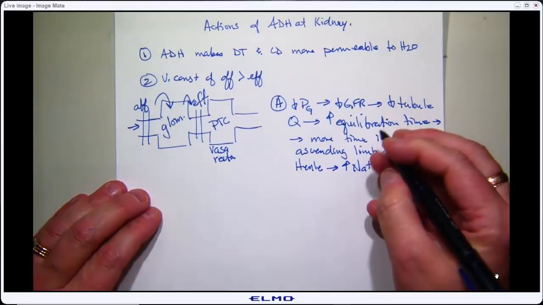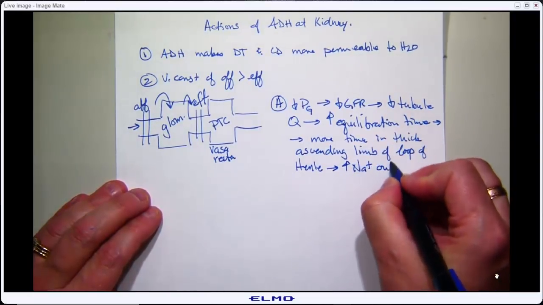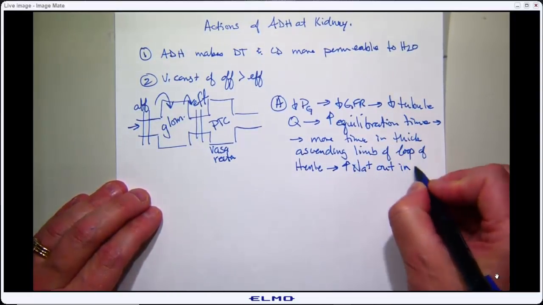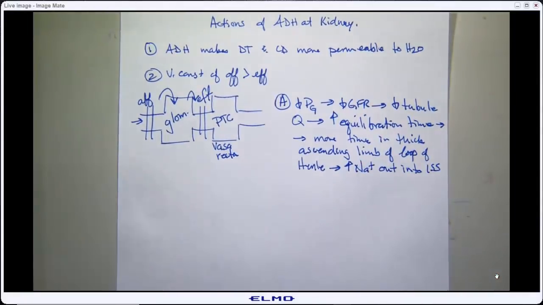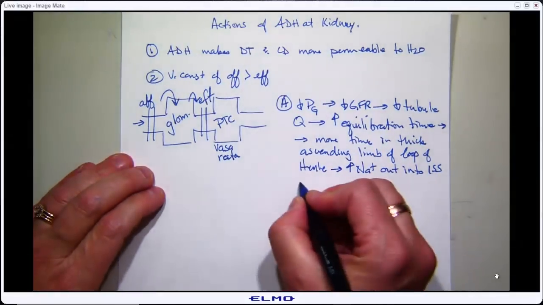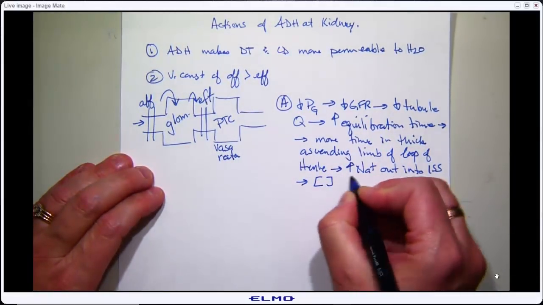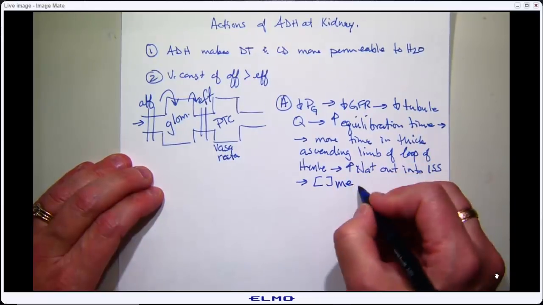So I've got an increase in sodium out into the interstitial space. All right, so I've just moved more ions from the lumen of the tubule into that interstitial space. So I've just concentrated that interstitial space, or concentrated that medullary space.